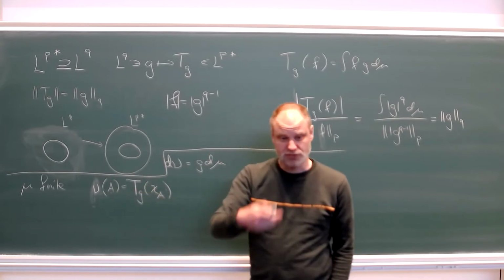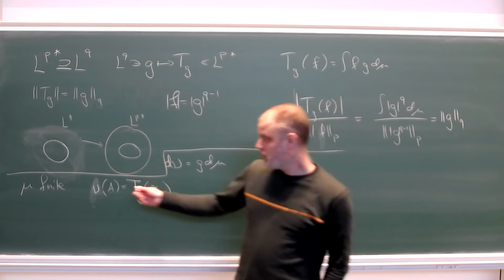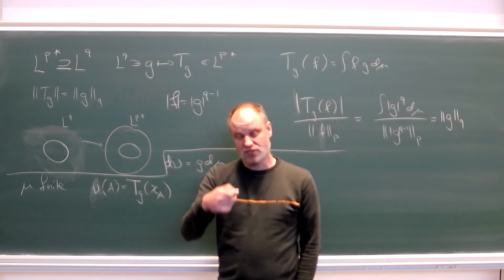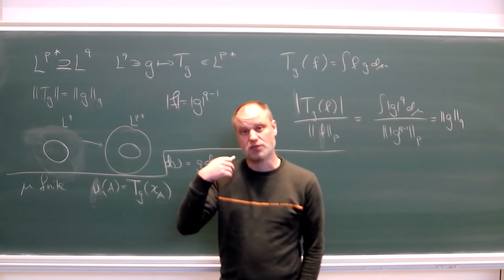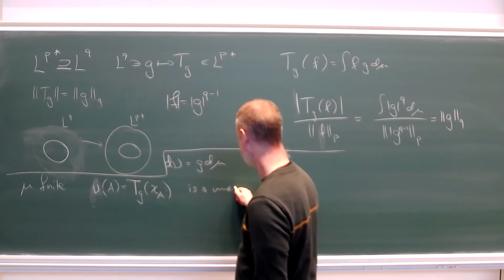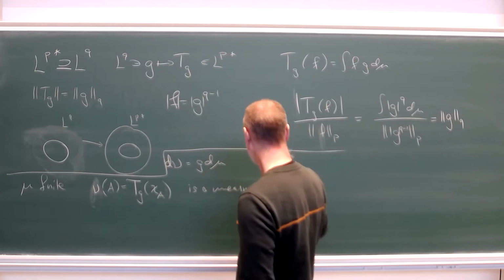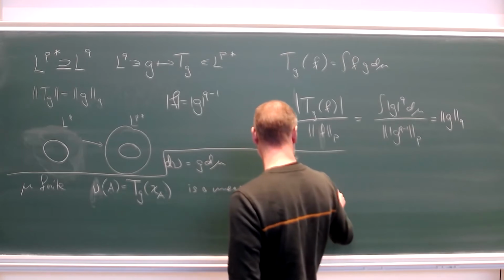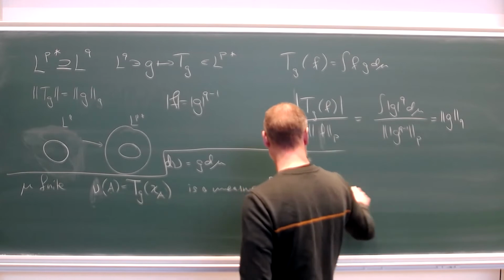A linear function applied to 0 gives you 0. Meaning that nu is absolutely continuous with respect to mu. So this is a measure, and nu is absolutely continuous with respect to mu.